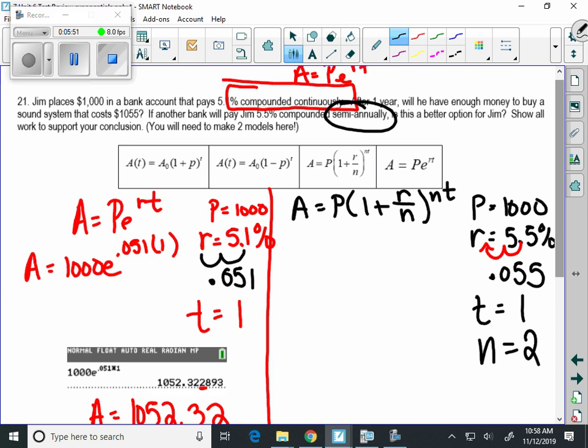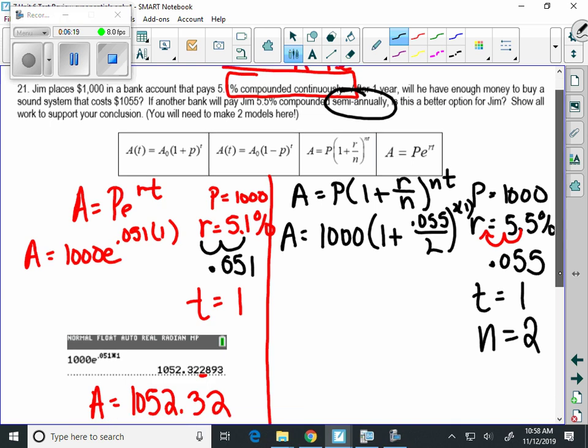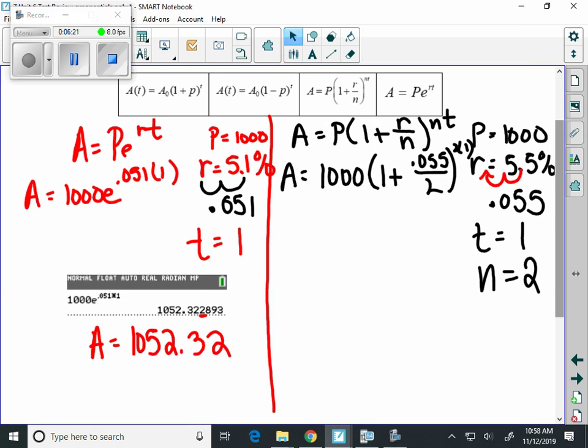And now that we have a list of everything, we can fill in our formula. So A equals 1,000 times 1 plus 0.055 divided by 2 to the 2 times 1.